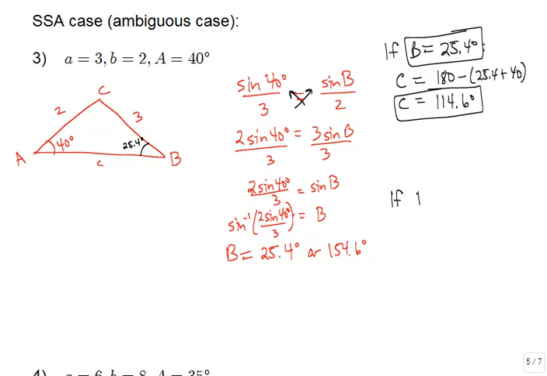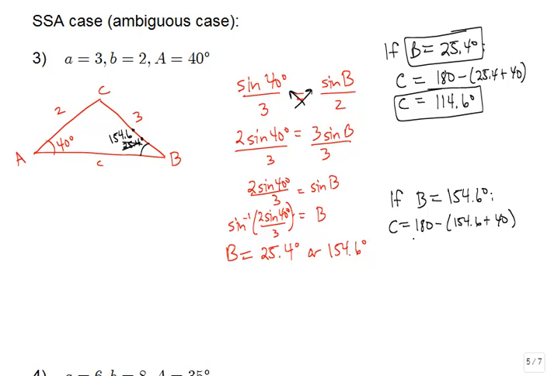So what would happen if B was 154.6 degrees? What would that force angle C to be? So let's suppose that this instead was 154.6. Then angle C would have to be 180 minus 154.6 plus 40, the sum of the other two. And you can see that that won't work because 154.6 plus 40 is already over 180 degrees.